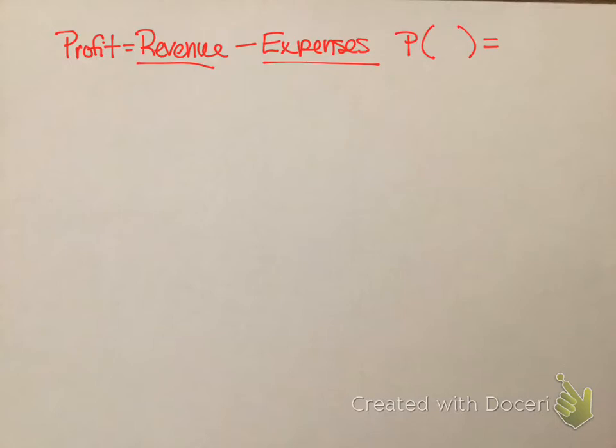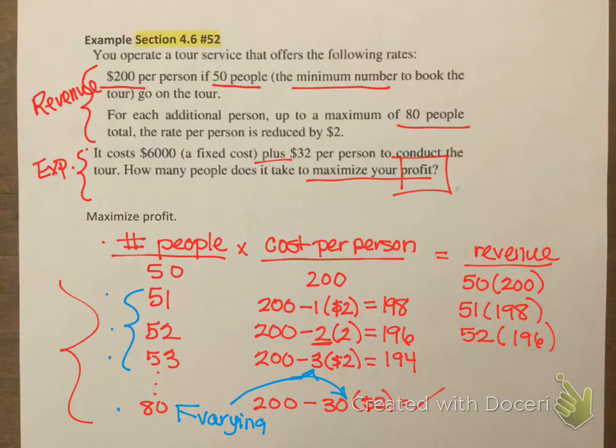So let's see if we can figure out a name for my variable, which I'm going to let be x. Let's go back a minute. When you look at this page, remember what was varying. It's the number of people above 50, and it's also the number of $2 reductions.